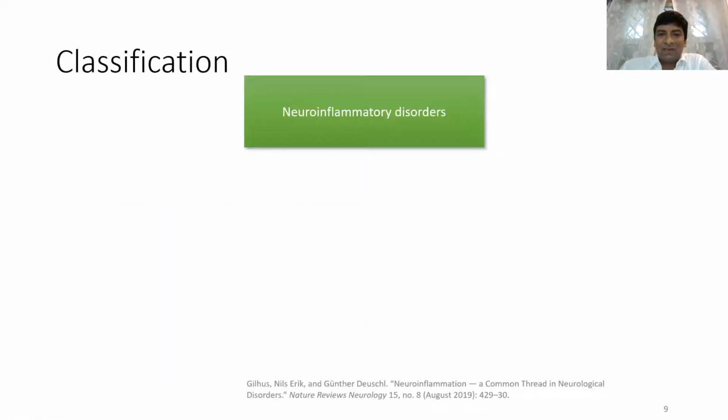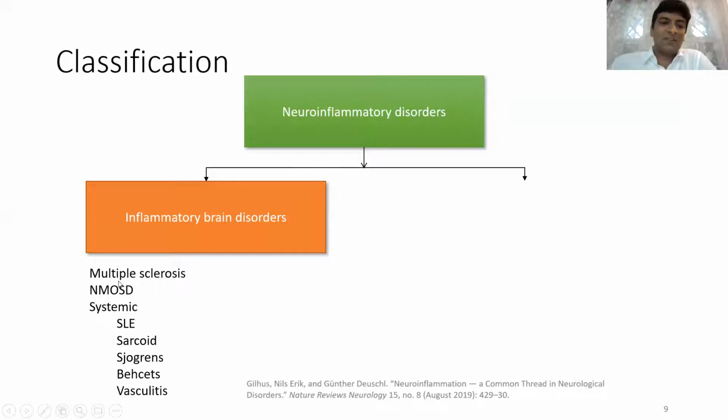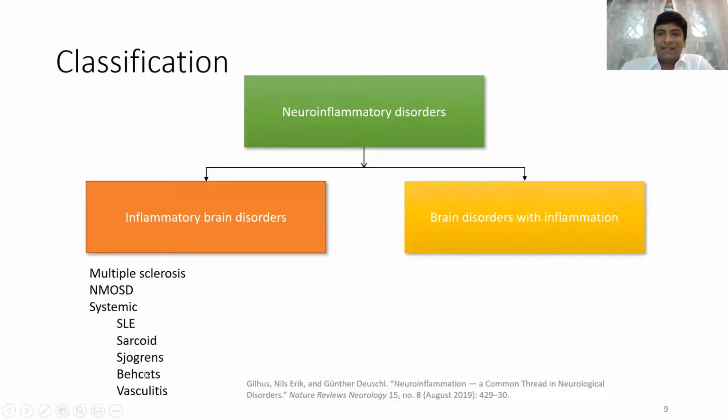Broadly, we can classify these disorders into inflammatory brain disorders, like the traditional syndromes that we associate with this term, including multiple sclerosis, neuromyelitis optica, SLE, sarcoidosis, Sjogren's, etc. And then there are a whole group of disorders which have inflammation but are not primarily inflammatory in nature.